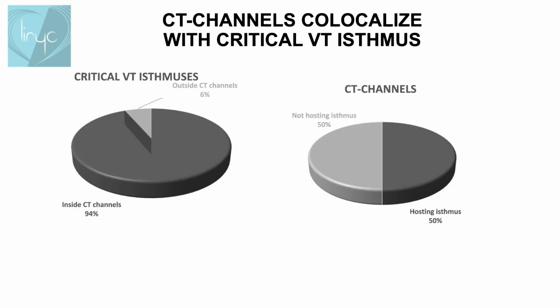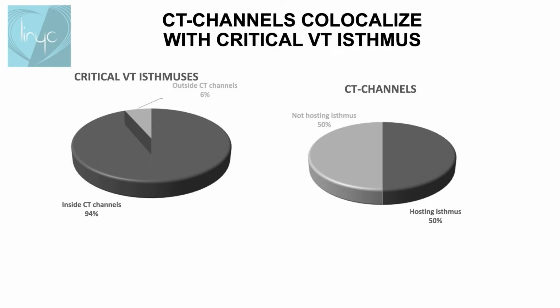If you look at this figure, it's interesting to notice that we were able to identify that the CT channel was hosting a VT isthmus in only 50% of cases, and this is completely normal. We all know that not all patients are inducible, and that not all VTs are inducible.